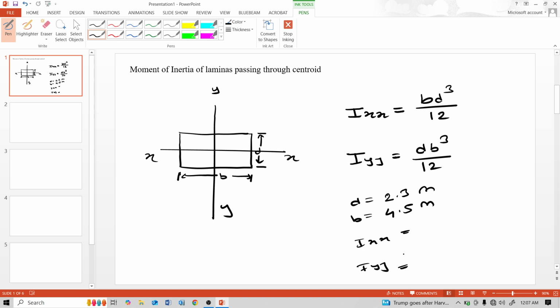Ixx is 4.5 into 2.3 cube divided by 12, which is 4.56 meter raised to 4. And here d is 2.3 into b cube, 4.5 cube divided by 12, is 17.46.